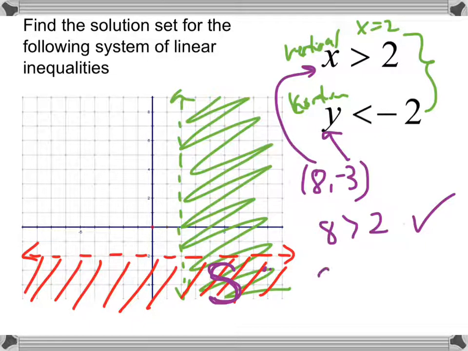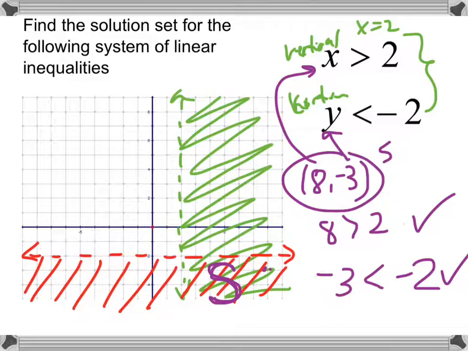Oh, sorry, that should be 3. So negative 3 is less than negative 2, so that is correct. So this point is a part of the solution set, which is labeled with this capital S right here.